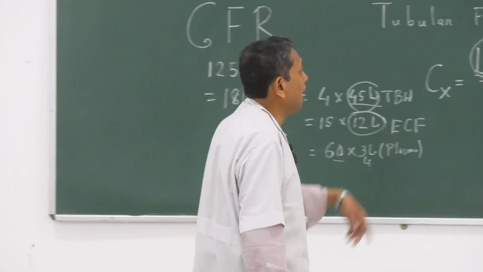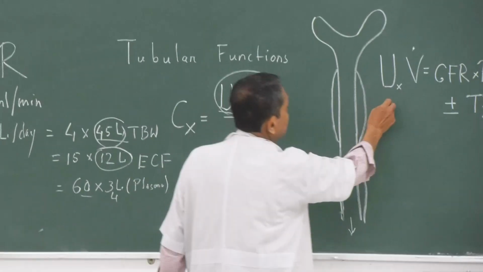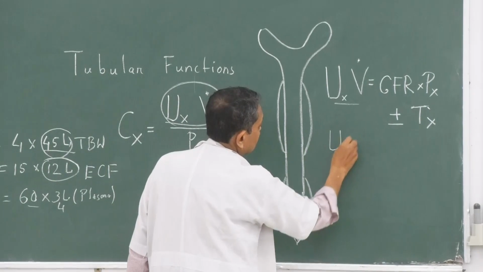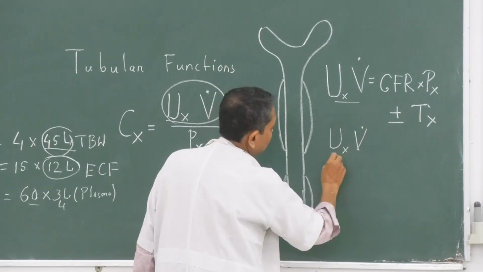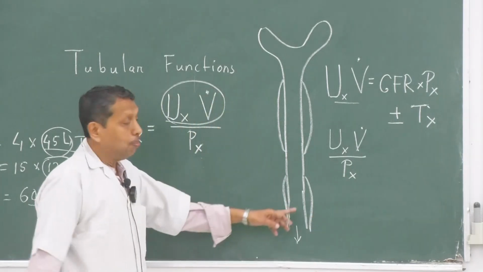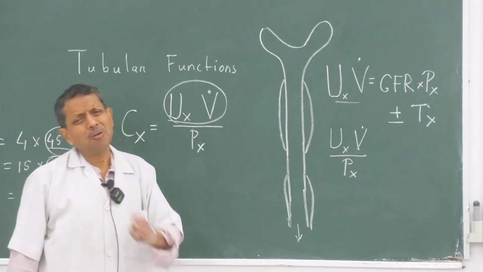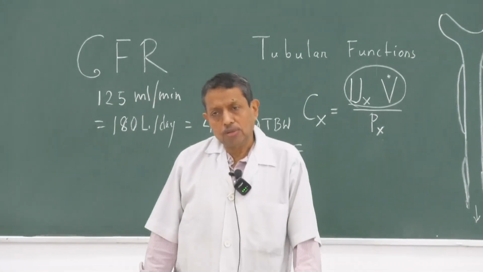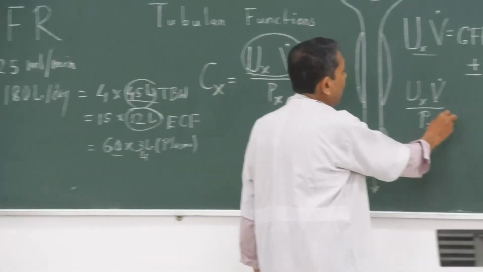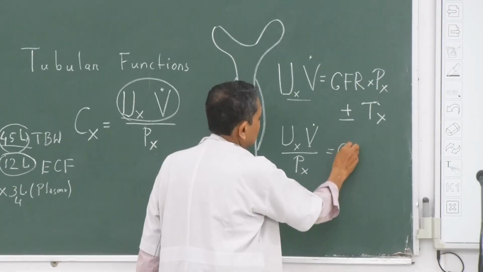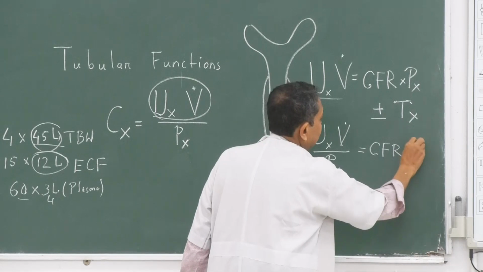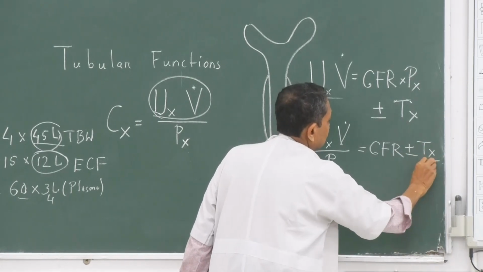And if this value is divided by plasma concentration, better arterial plasma, or peripheral venous plasma in most cases, then it becomes equal to GFR plus minus Tx by the plasma concentration.